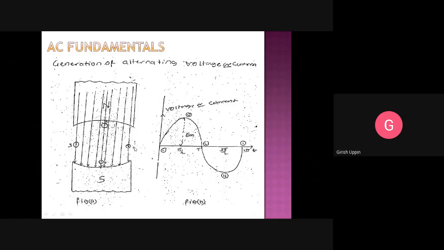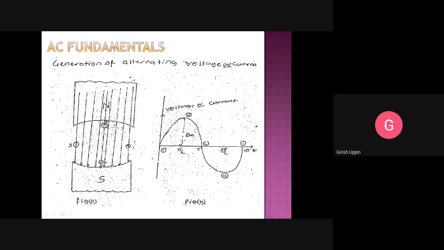Now I will draw a graph. On the y-axis I have the voltage, and on the x-axis the time. This is the 0th time where it is not cutting any flux, so the voltage induced in that conductor is 0. The conductor starts rotating and reaches position 2, where the direction of motion is exactly perpendicular to the lines of magnetic flux.